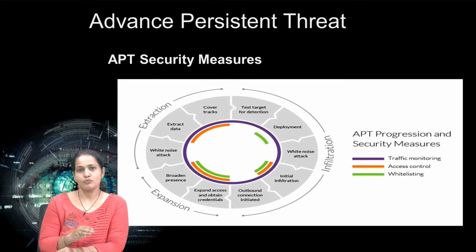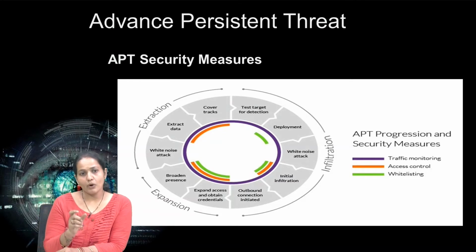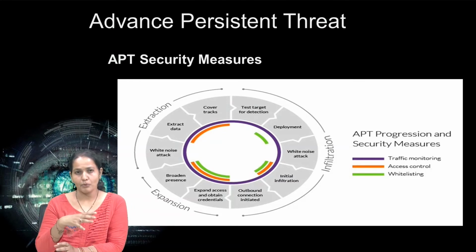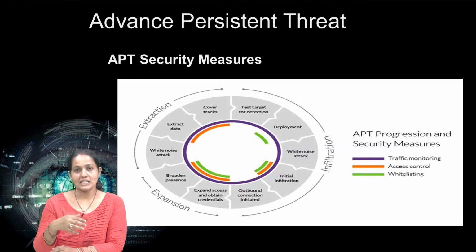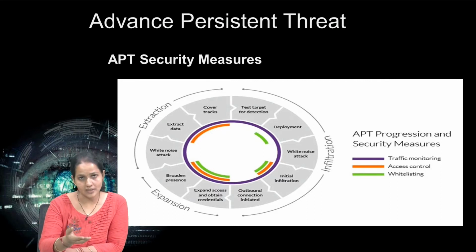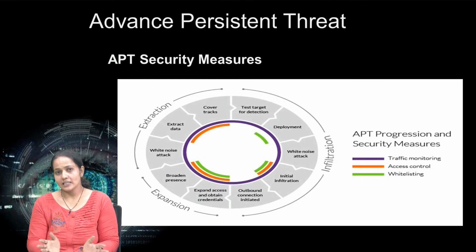In the second stage, the intruder uses the broad access of the network. They fetch requests from unauthorized access and pass them to other connections on the network, expanding that access.